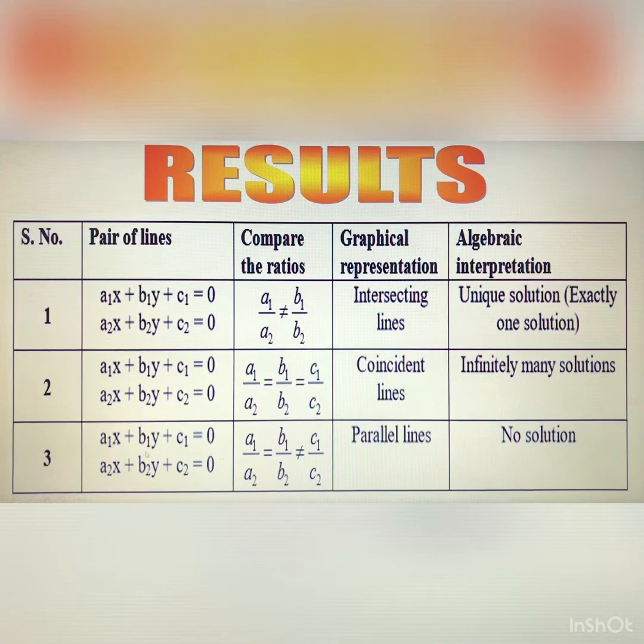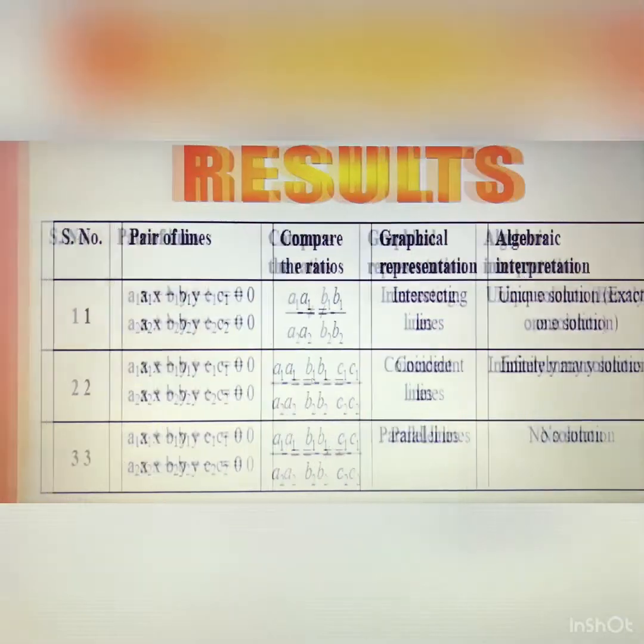And for the third, if the ratio of coefficients is equal but the ratio of constants is not equal, therefore the lines are parallel and have no solution. So these are the results observed from the system by finding the ratio of the coefficients and the ratio of the constants. So remember it.